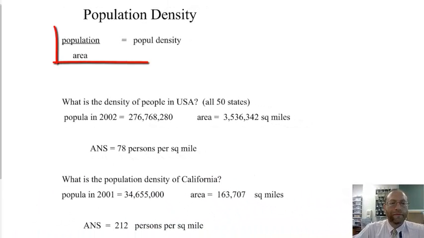Population density is just population divided by area. And I have two examples here to show what I want to keep in mind: here's the density of the United States worked out and the density of California. And you see California is more dense than the United States. And the reason why is because our species does not settle randomly all spread out. We clump. In the United States, we tend to clump around the coastlines.